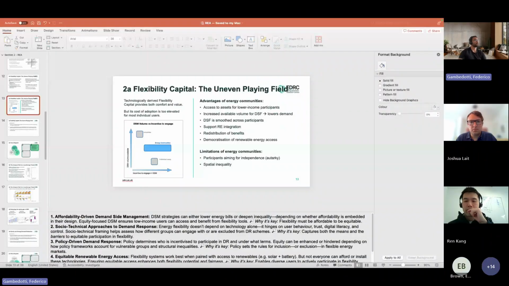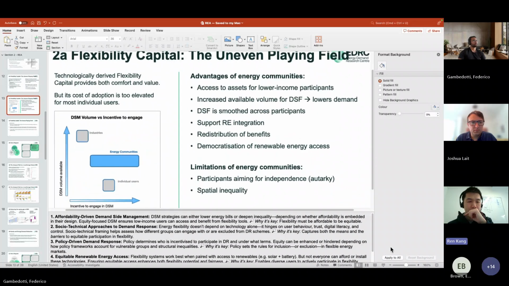Does it work like that? Yeah, if you go back, there you go, that one, yeah. So is that the aggregate value for all the energy communities and all the individual users, or all the industries, or are you talking about the individual values there?